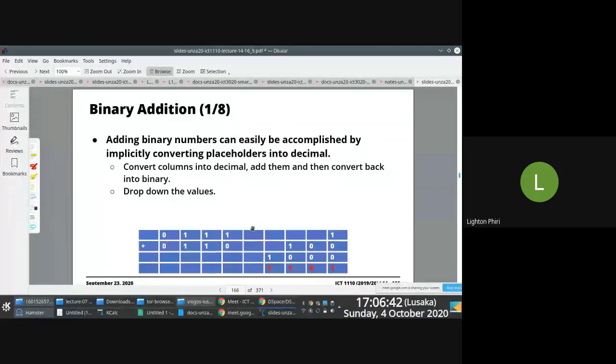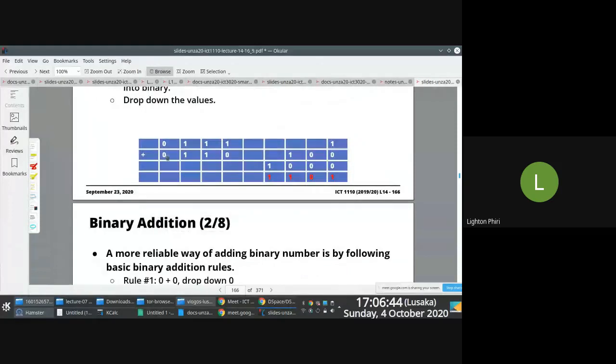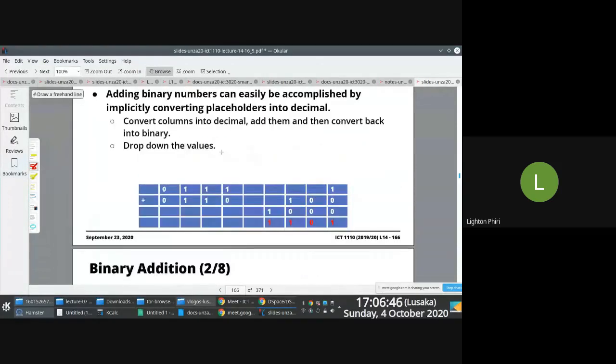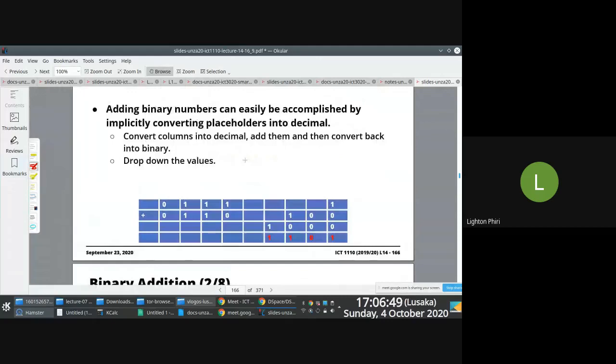The easiest thing to do here is you just convert the numbers into decimal, and then you add them and convert the answer into binary. That would be like cheating, right? Because there's a reason why we're doing this.